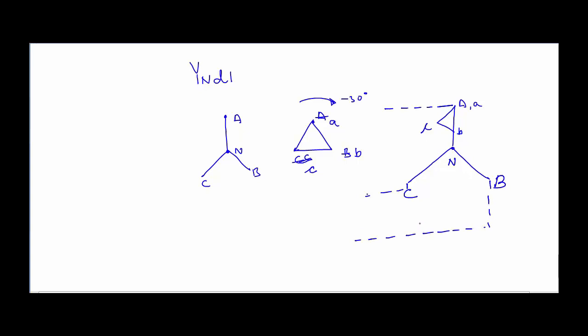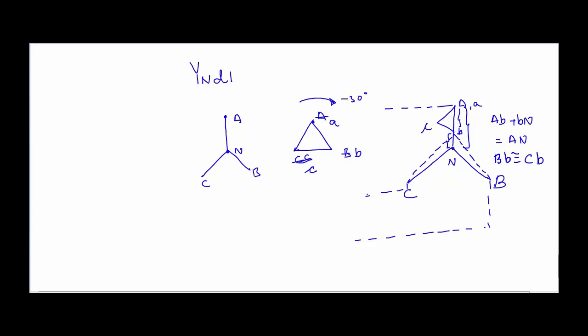So the values we will get are: capital A and small b, that is this vector, plus small b and capital N, that is this vector, will be equal to capital A and capital N, that is the total vector, which we can clearly see is the value we are going to get. Apart from this, capital C and small b and capital B and small b are going to be approximately equal.